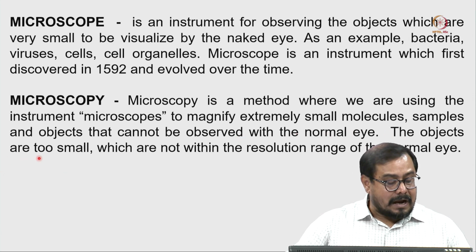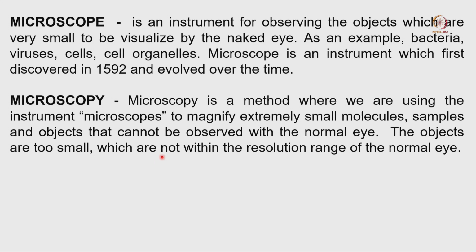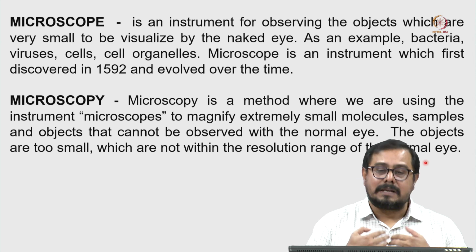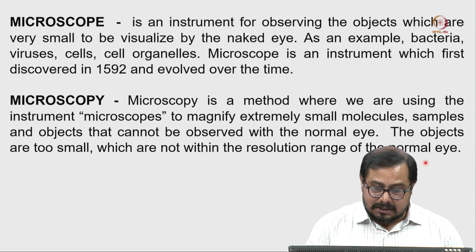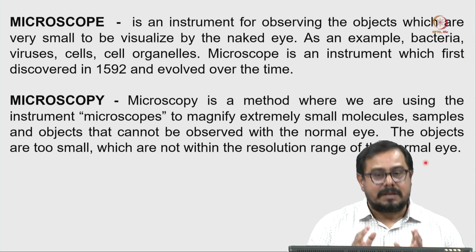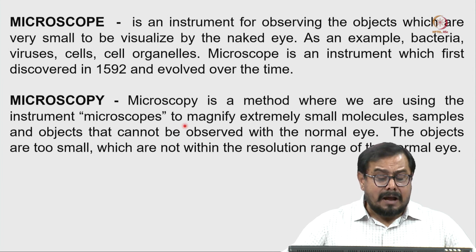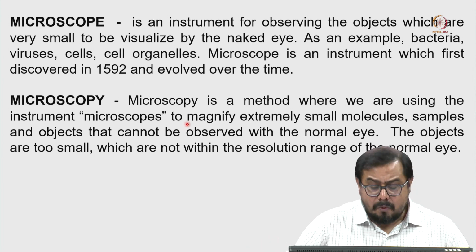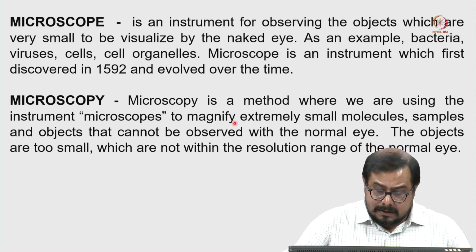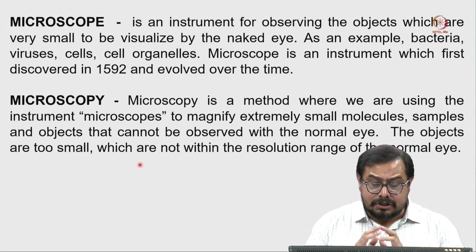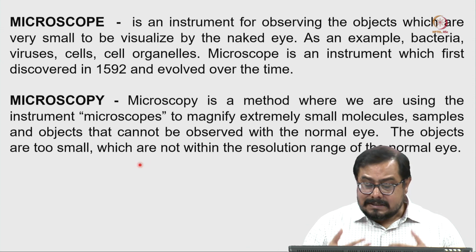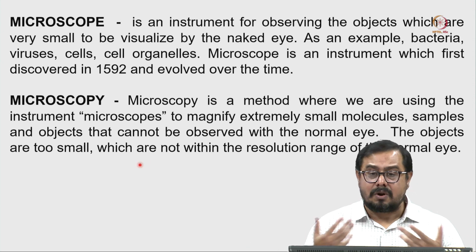These objects are too small, not within the resolution range of the normal eye. So microscopy is the technique or method, and the microscope is the instrument. Now here two new terms are coming. One is magnification and the other is resolving power. So what is magnification and what is resolving power?